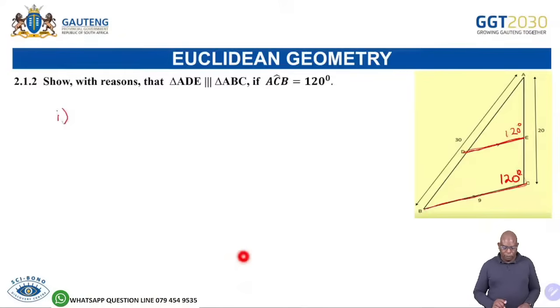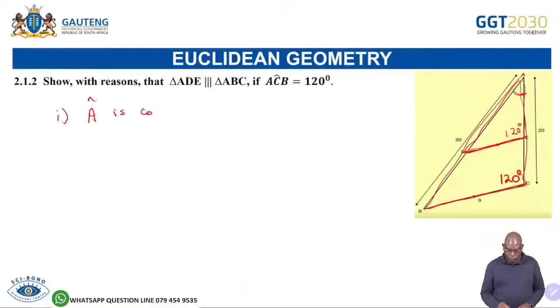The first one, in this triangle here, ADE, and the bigger triangle ABC, the angle A is a common angle. So I'm going to write angle A, it's common. Number two, I'm given that this angle is 120, and I said this one will also be 120.